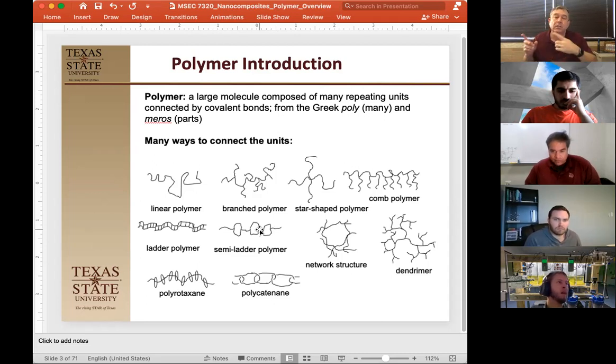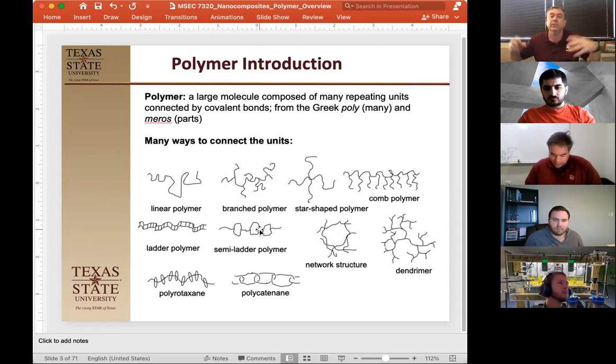Dendrimers are slightly different, where you can have branches and branches and branches, usually in a very fixed periodicity where you have 3 branches, then 3 branches, then 3 branches, or 5 branches and 5 branches and 5 branches. They tend to be soluble and/or used as surfactants, and many of them are used as drug delivery devices.